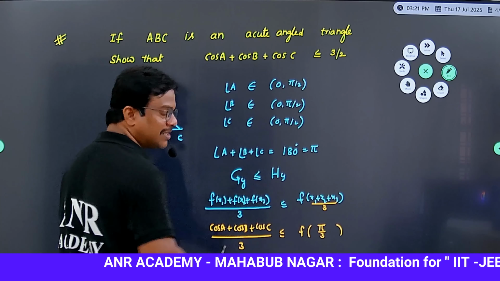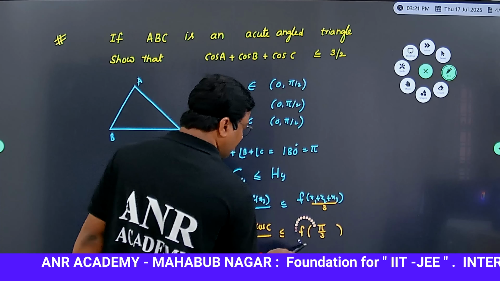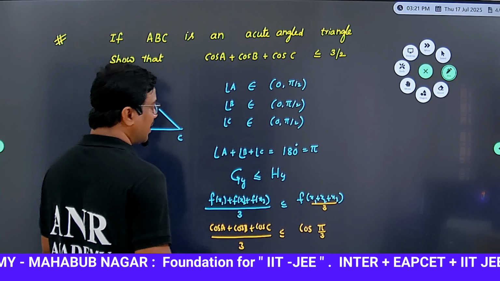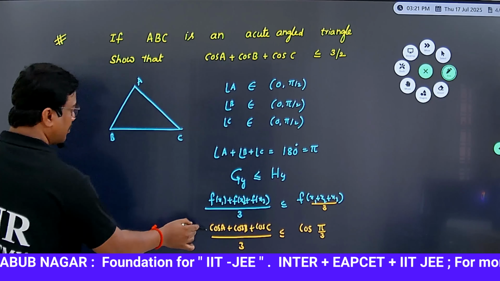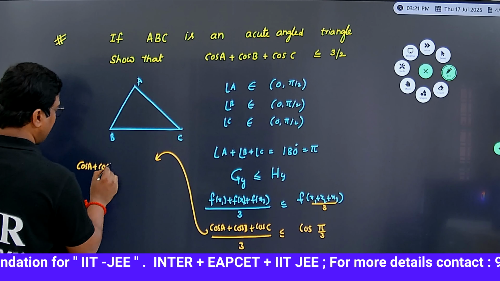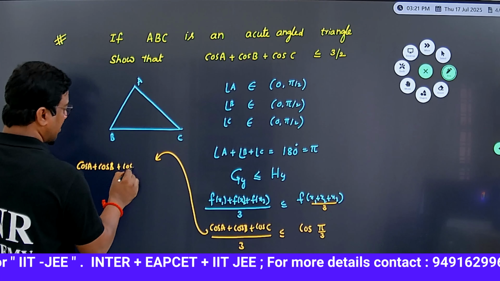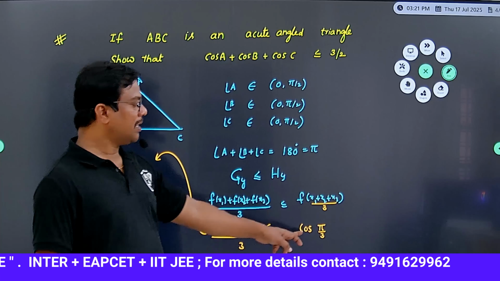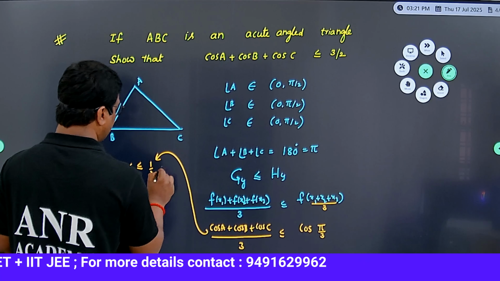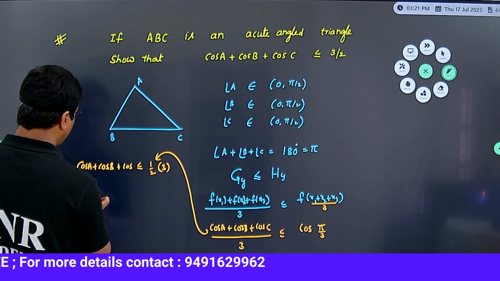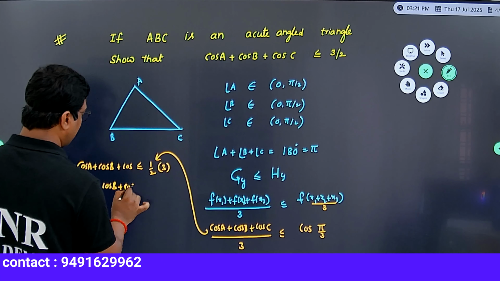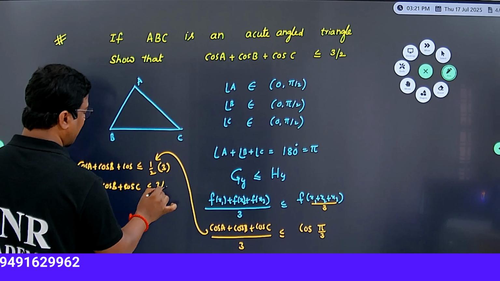And here the function is the cosine function, so I can write cos(pi/3) here. If you simplify this, observe, cos A + cos B + cos C is less than or equal to cos 60 degrees, value 1/2, multiplied by 3, and hence you will get the result cos A + cos B + cos C less than or equal to 3/2.